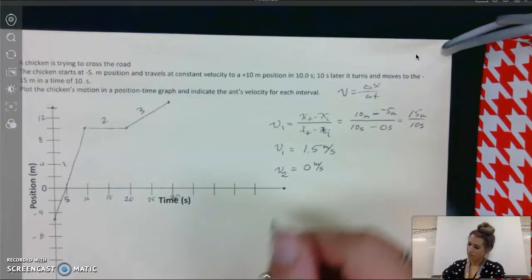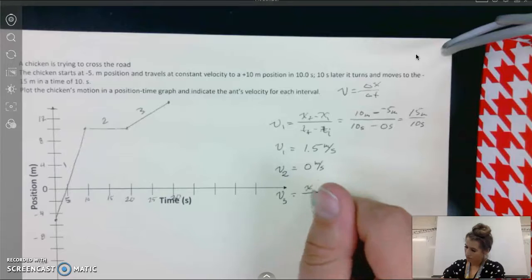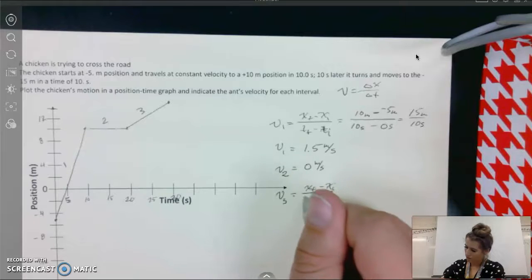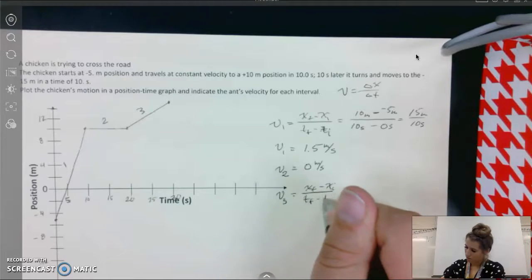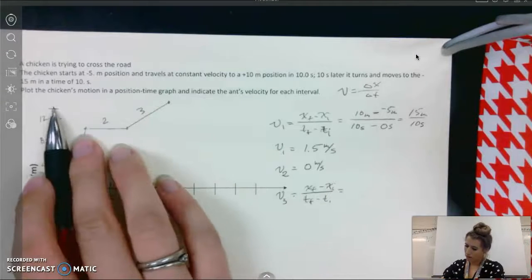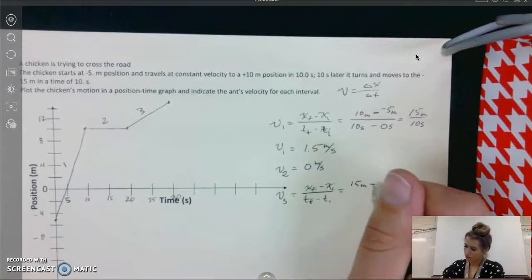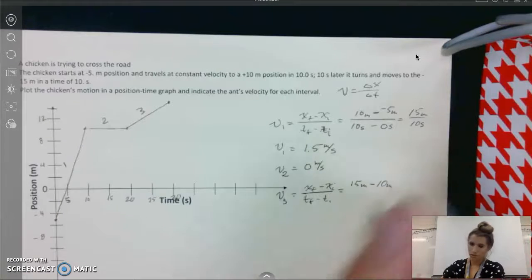Okay, and now for our third, v3. x final here is a positive 15 meters, and my initial position was 10 meters.